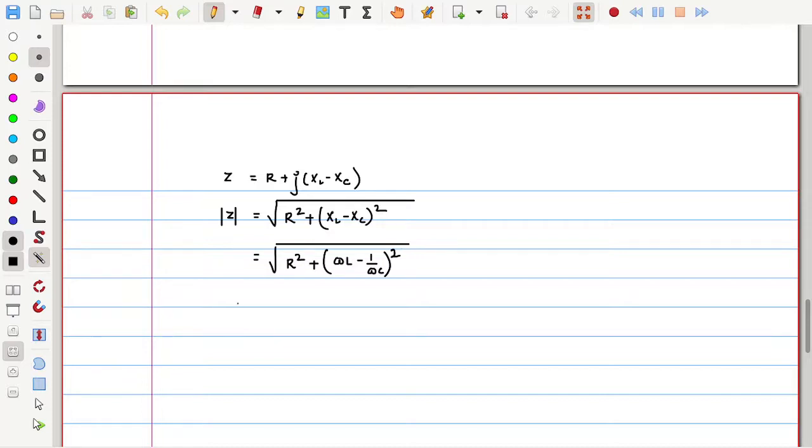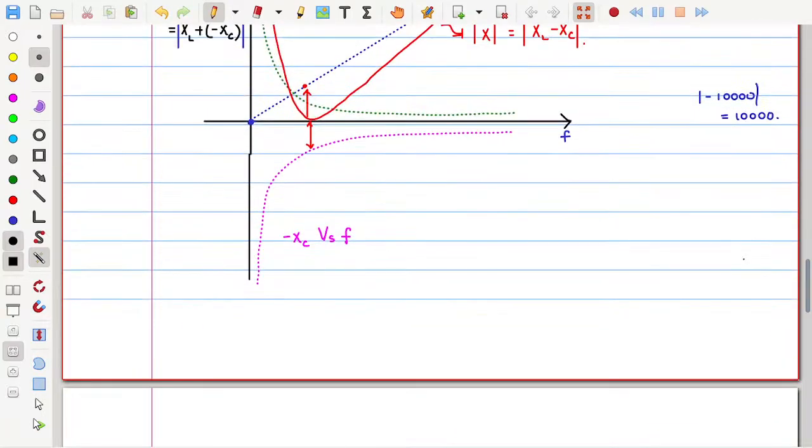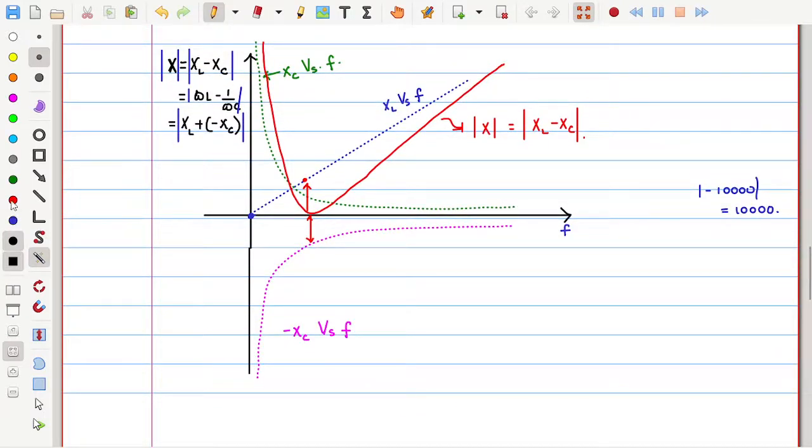Now if you observe, if omega is varying, we can see from this graph that at a particular value of the frequency, at this location, XL is equal to XC. This is the XL value, this is the XC value.